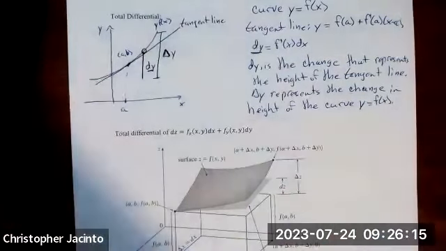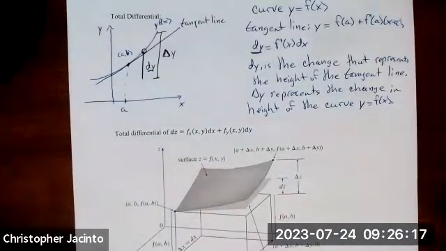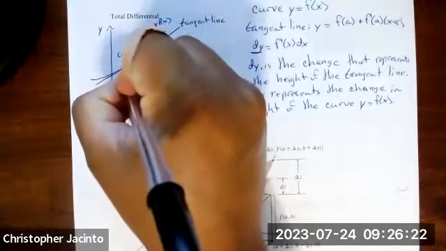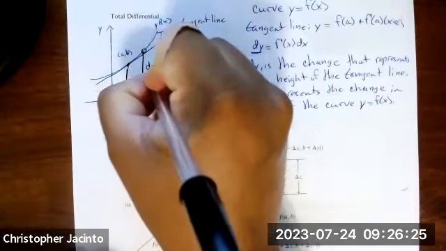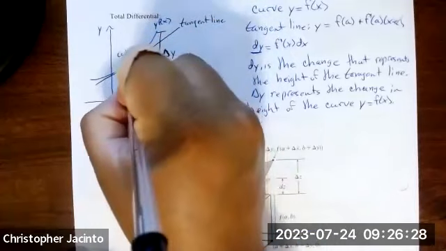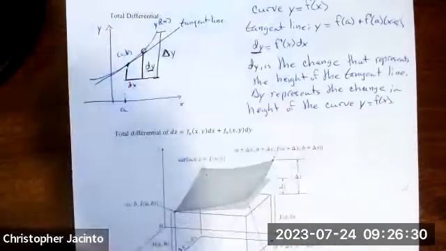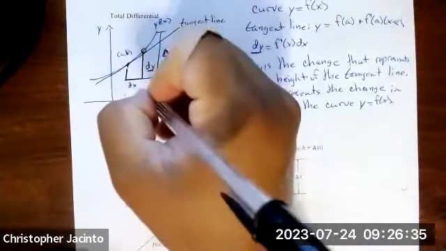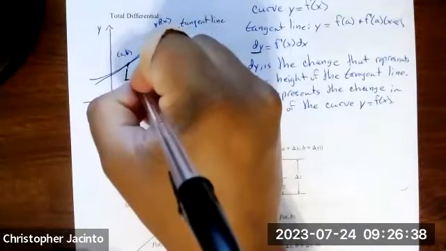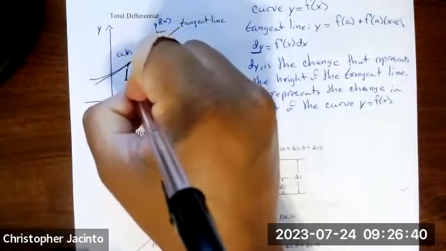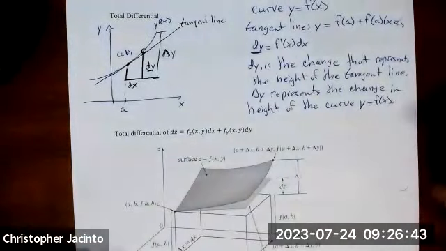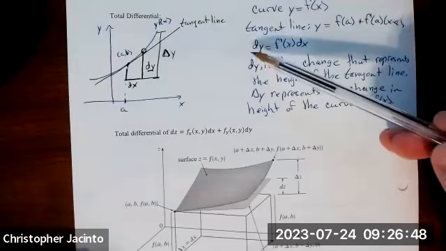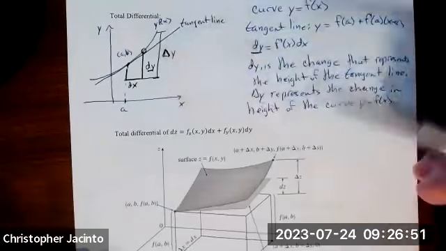Okay. Now, because we have change of y's and dy's, we also have the same thing when it comes to x's. This is dx here. Well, the thing is, since we were taking the derivative with respect to x, the only thing that's really changing is the y values, the height itself.